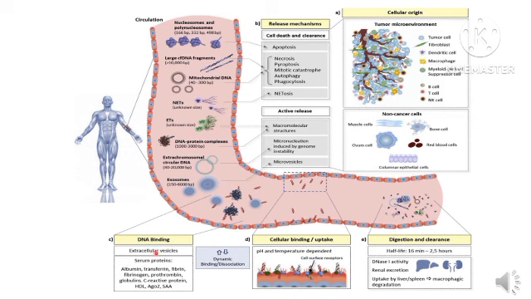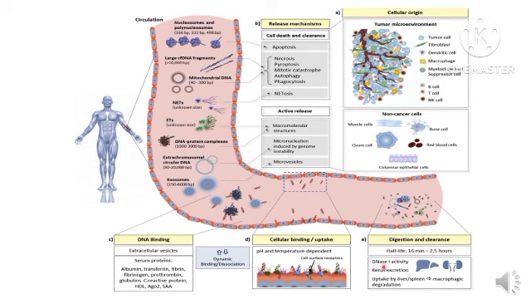So if it is not bound to serum proteins and if it is not bound to cell surface receptors, then it is phagocytized by macrophages which are present in the liver and spleen, as well as acted upon by DNase 1 enzyme, and the leftover will be excreted in urine.